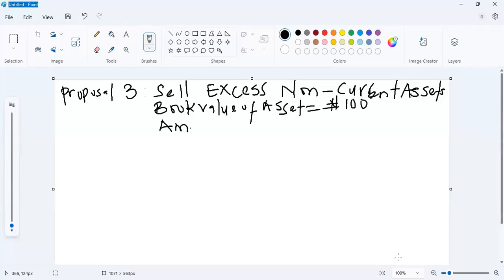Amount realized on sales is 135 million.